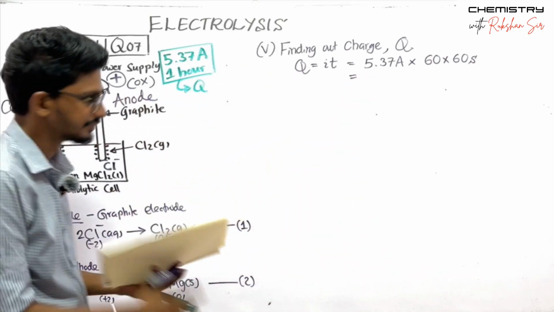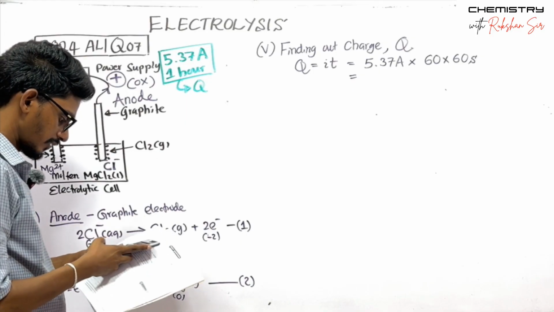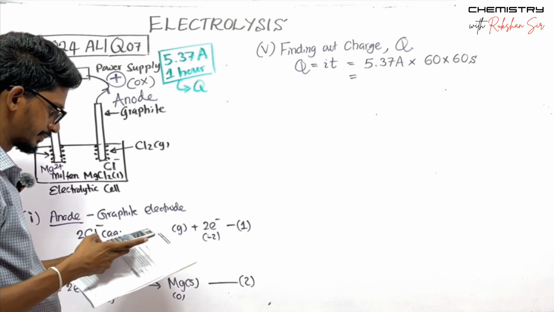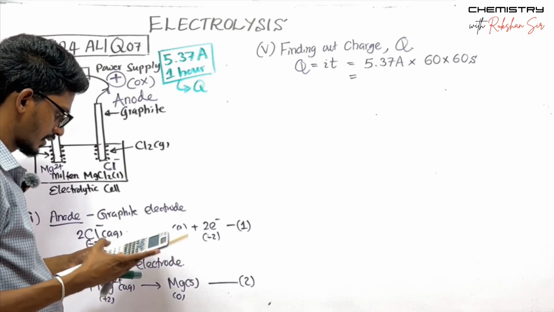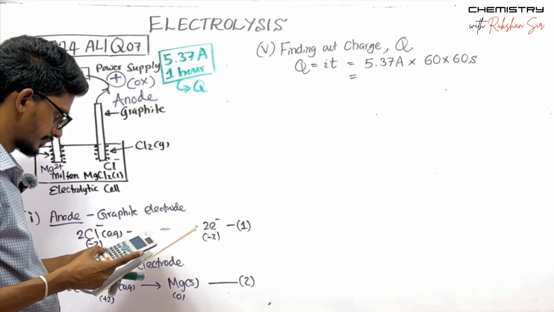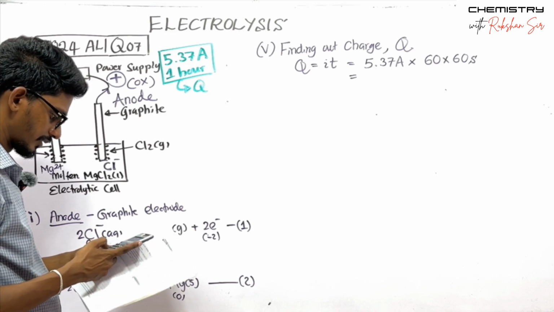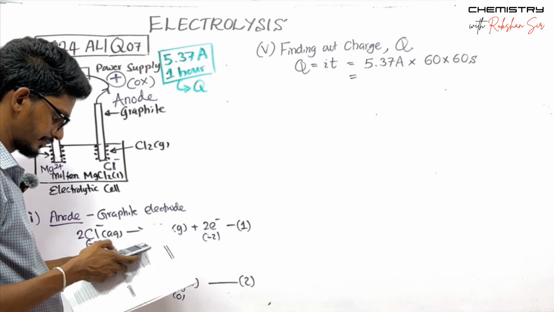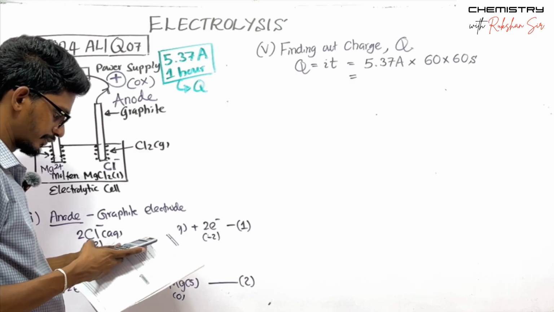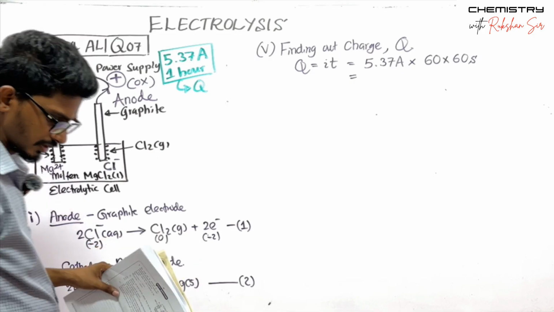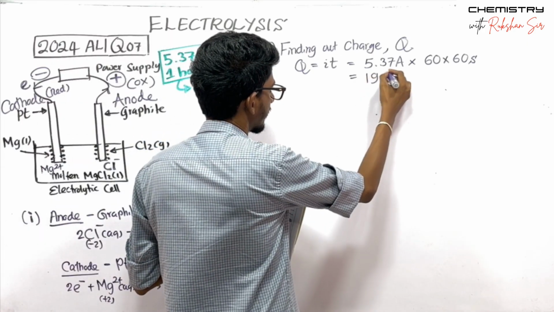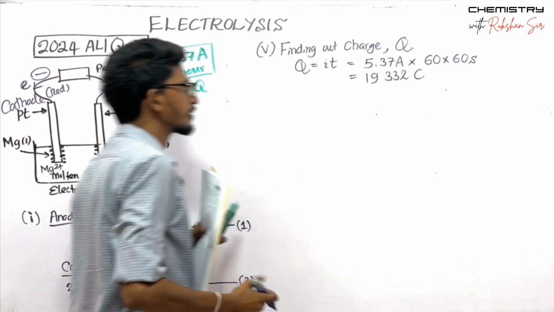Let's write this number: 5.37, sorry, 5.37, multiplied by 60 and 60. 19,300. Right? The answer will be this amount of coulombs.